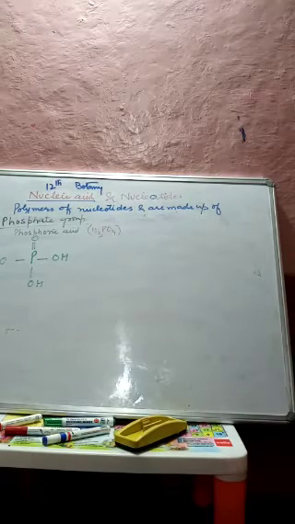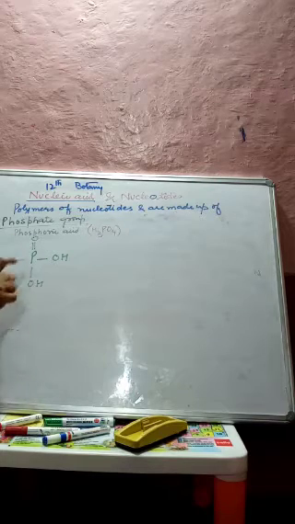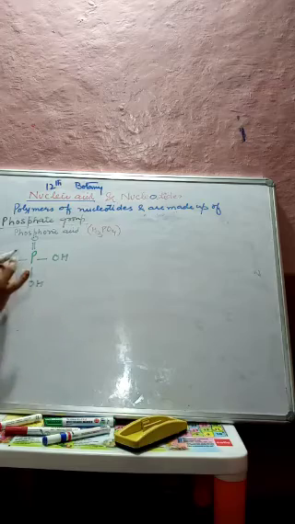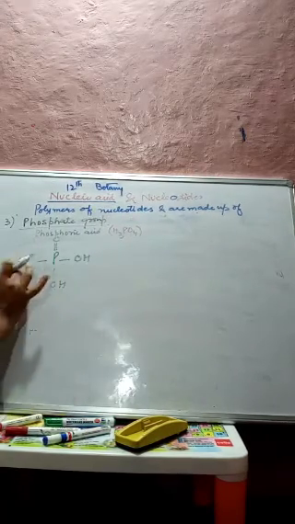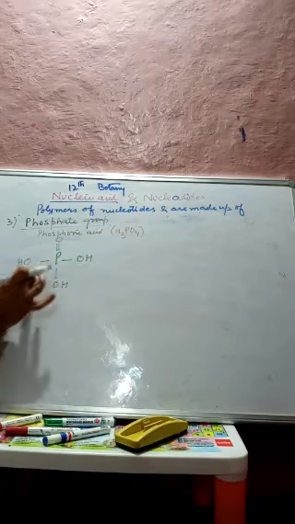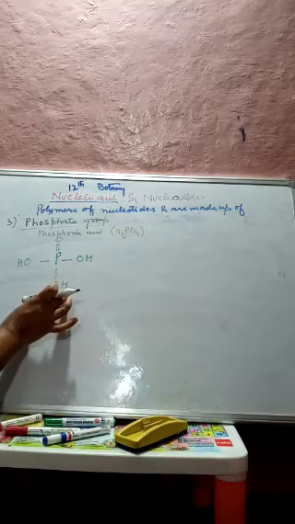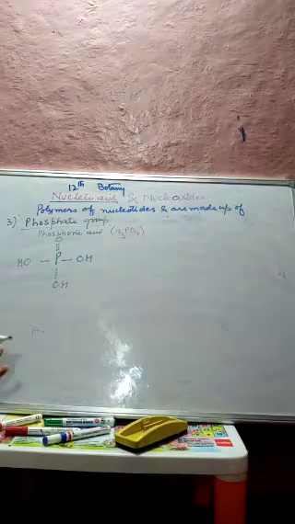Now what we will see कि ये कहां पर होता है, that one of the three hydroxyl groups will make a bond with the fifth carbon of the pentose sugar.